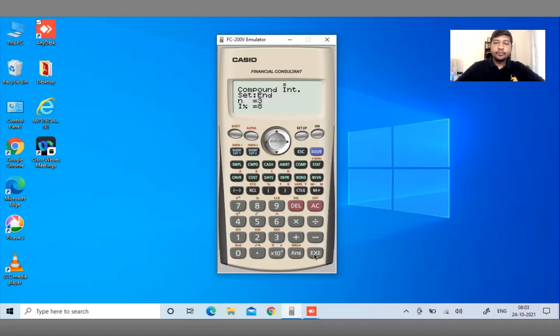Once you type 3, what you need to press is the EXE button, which is similar to the control button on the computer or laptop keyboard. So once you press EXE, it will get entered. Okay, let's say I want to change the number from 8 to say 6. I type 6 and then I type EXE. So that is how my number will get entered.